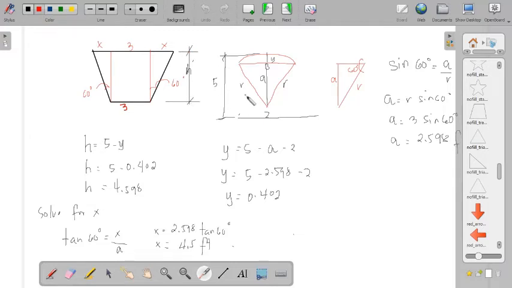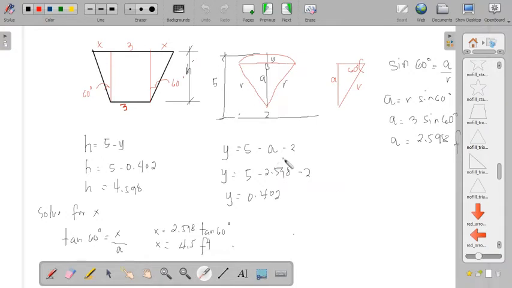It's not given, but we have this 5 given in the previous drawing. The 5 is actually coming from the bottom of that curve down to the base of your trapezoid. So we can utilize that later.